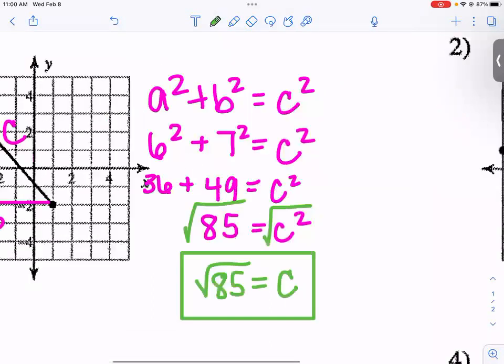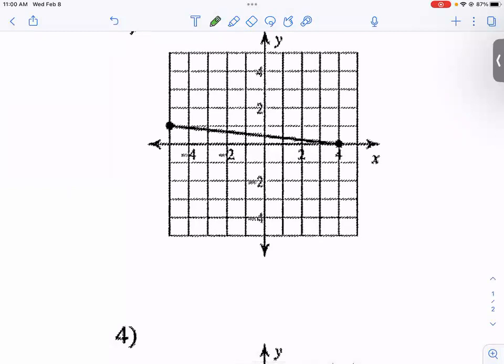All right, for number 2, what I want you to do is draw the triangle and stop. Does your triangle look like this?